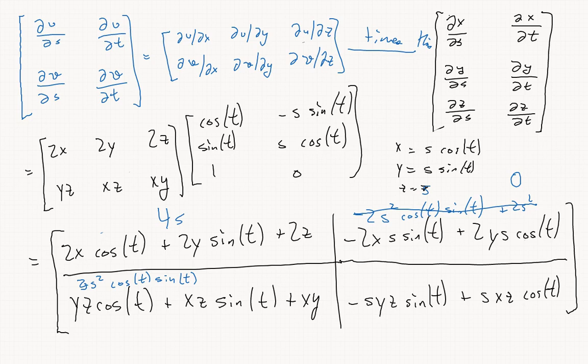So this will be negative s cubed sine squared t plus s cubed cos squared t. So it'll be s cubed times cos squared minus sine squared. So let's see what the chain rule is doing. Let's try to go and see this directly.